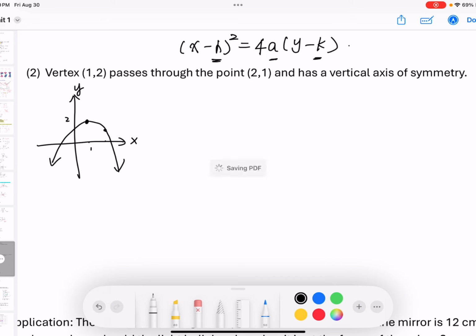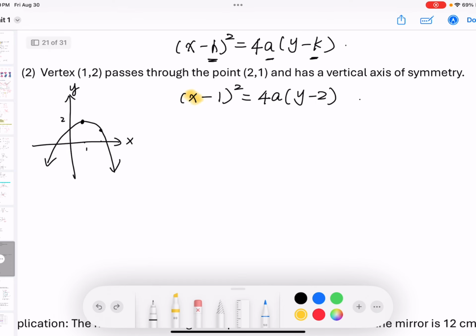Okay, so let's plug in the vertex. (x minus h), which is x minus 1, squared is equal to 4a times (y minus 2). The given information is one point, so we can replace x and y with the given point (2, 1).